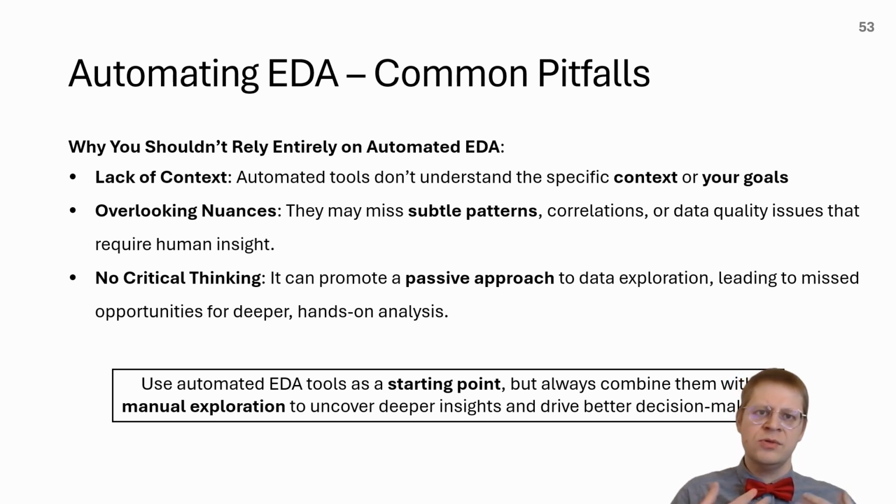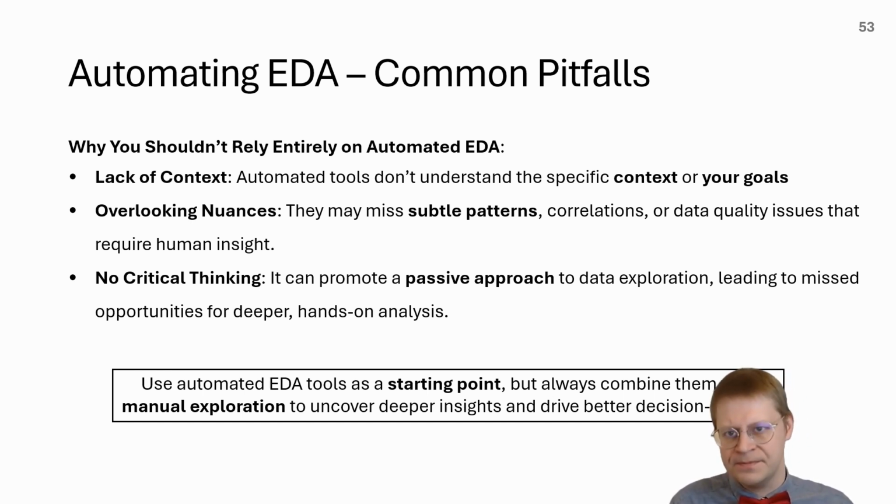It's important to remember that these automated tools provide a starting point. They are excellent for initial insights, but the nuances and the context that come from manual exploration are irreplaceable. Always combine automated reports with your own manual checks to ensure a thorough understanding of the data.